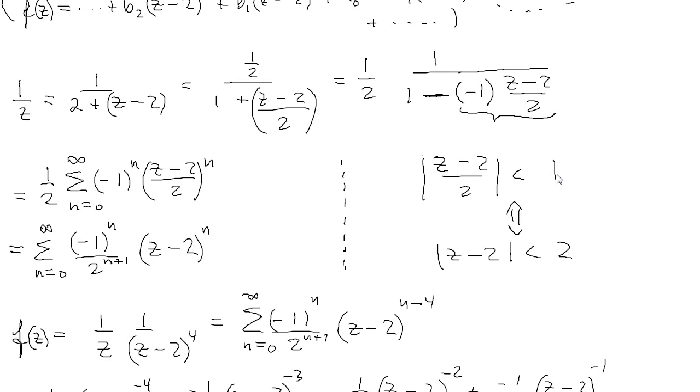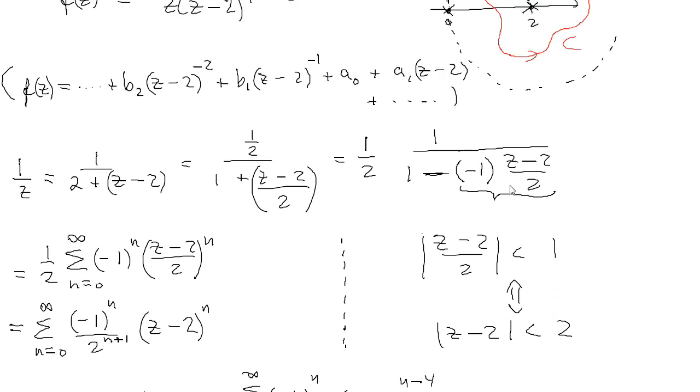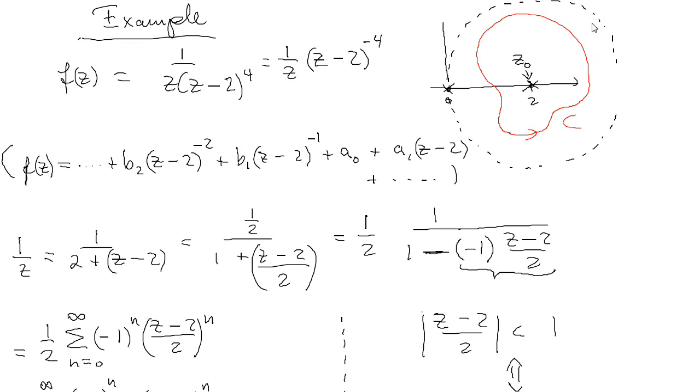That's generally true for any geometric series, and multiplying with 2 on both sides of this inequality, we obtain that the absolute value of z minus 2 should be less than 2. So this means that we have a series expansion which is valid inside this circle, centered at 2 and with radius equal to 2. We cannot go out of this circle because we have a singularity here.